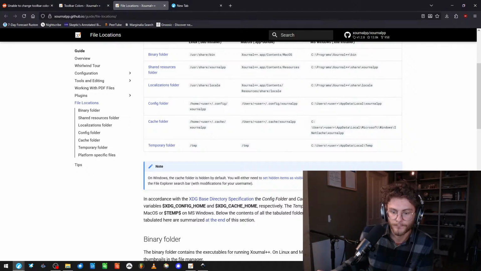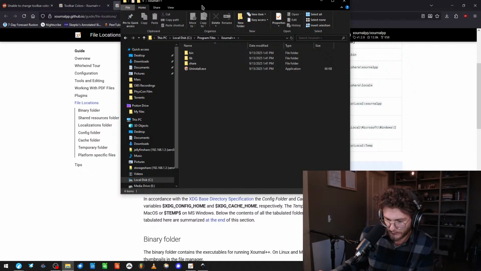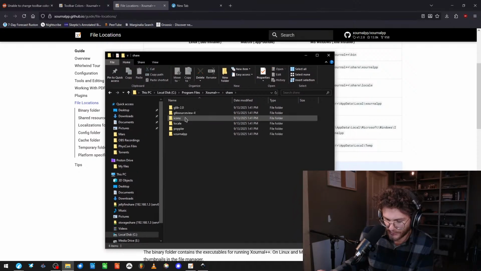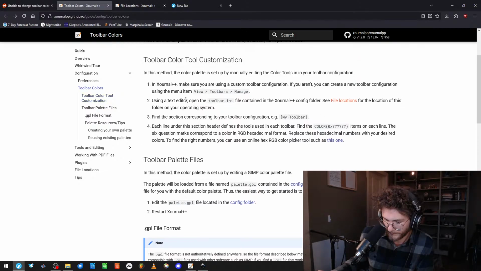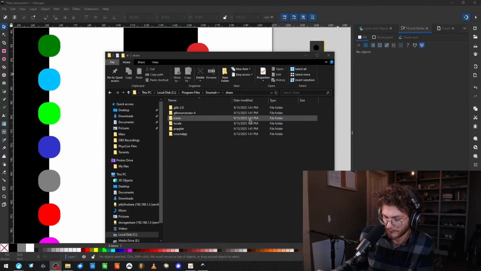Okay. It's not that bad. Program files. Okay. Program files Zerno++. I believe it's under share. See, does it give us a location of that INI? Config. It's under config. Okay. Which makes sense.